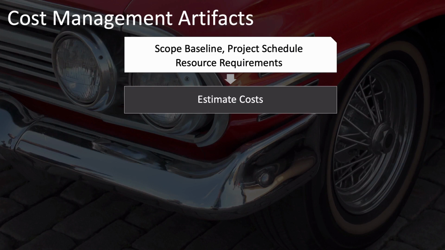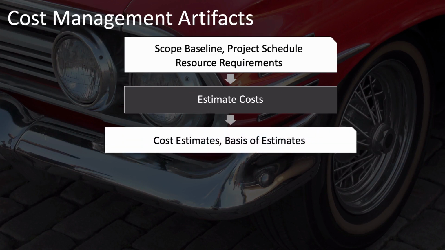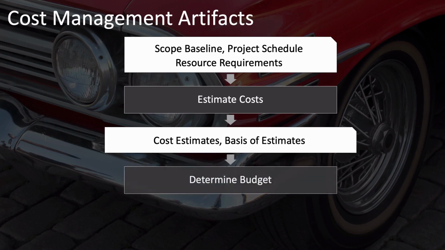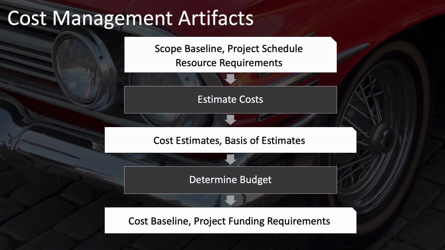The outputs, of course, from estimate costs are your cost estimates and your basis of estimates. From this, you can then determine your budget using the determine budget process, which generates your cost baseline and your project funding requirements.